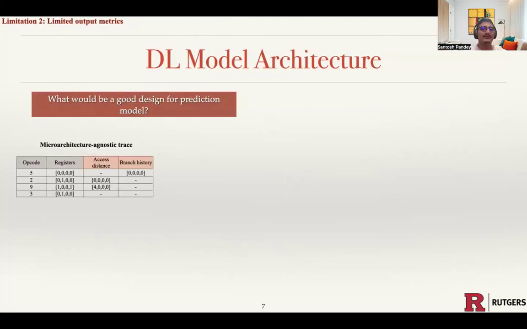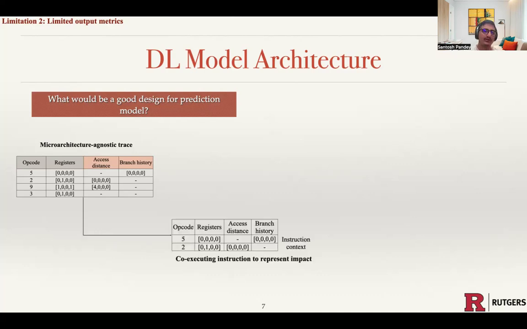So after we have these inputs, what would be a good design for the prediction model? For this microarchitecture agnostic trace, we first build the instruction context. Contexts are basically those earlier instructions that can impact the current instruction. The first step is to build instruction embeddings. We first build categorical instruction embeddings, and then we get per-instruction embeddings.